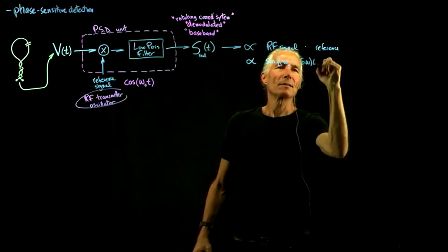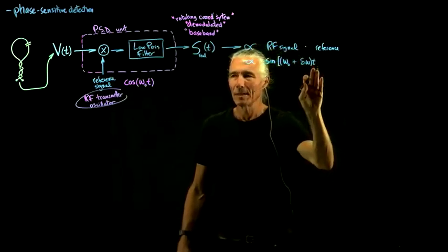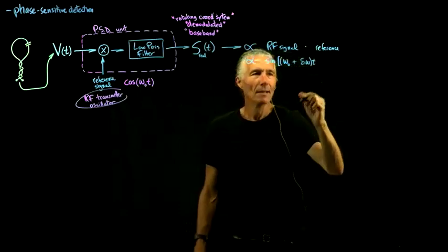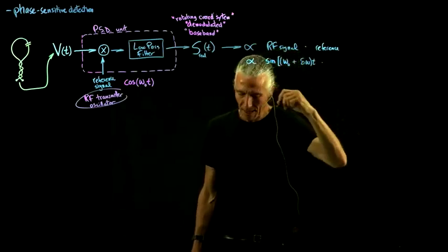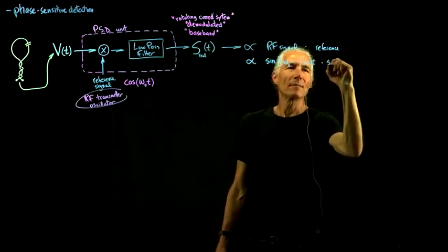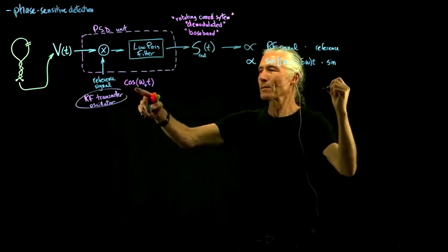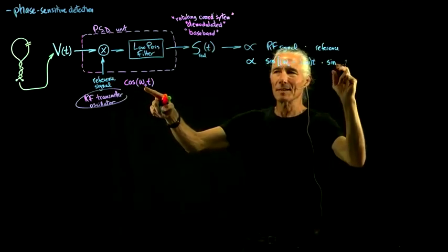Those 2 frequencies are added and multiplied by time in order to get an angle. And then we're multiplying by this reference signal. In my notes, I put down sine. I put cosine here just because I like to put cosine before sine, but I'll just leave it the same as the notes.